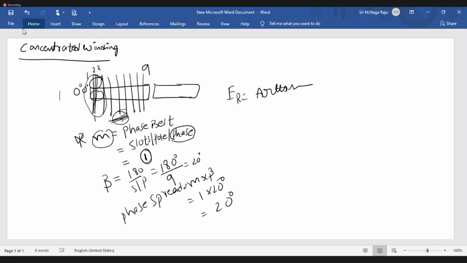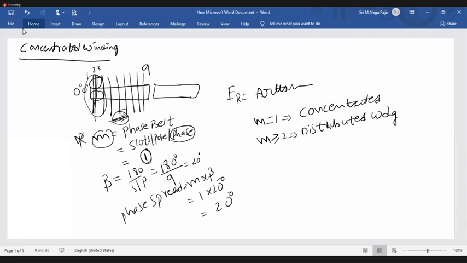Now write down the definition. Otherwise, we can tell if M value equal to 1, the winding is which winding? Concentrated winding. If M is greater than or equal to 2, the winding is distributed winding. Okay. Now, you can note this in your own words.